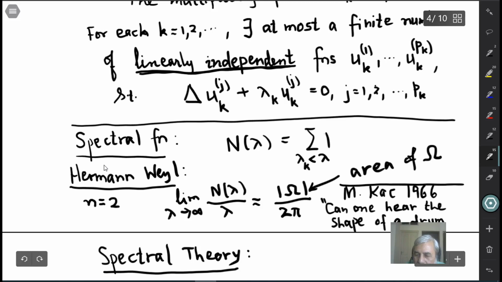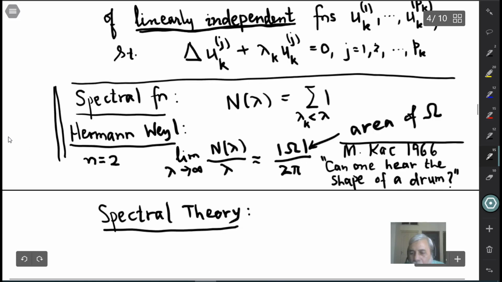Okay, so you can easily find it in a Google search. So you will see some history of this spectral function and this Hermann Weyl result and extensions and what is this problem, etc. Okay, so that's an interesting story about this spectral function.